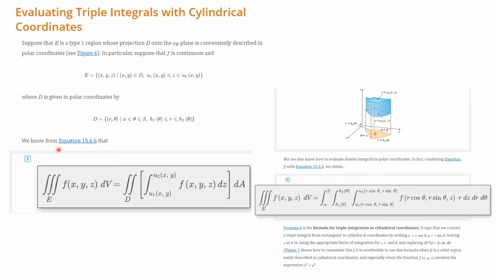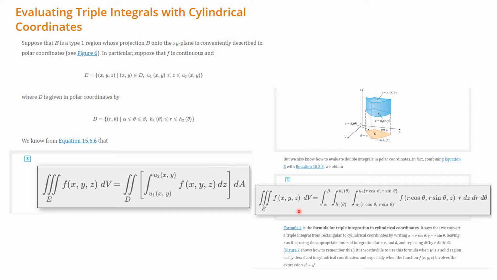Previously, the triple integral over E of f of x, y, and z dV would be, and we would integrate first with respect to z, from u1 of xy to u2 of xy, and then we would have dA, which is dx dy.